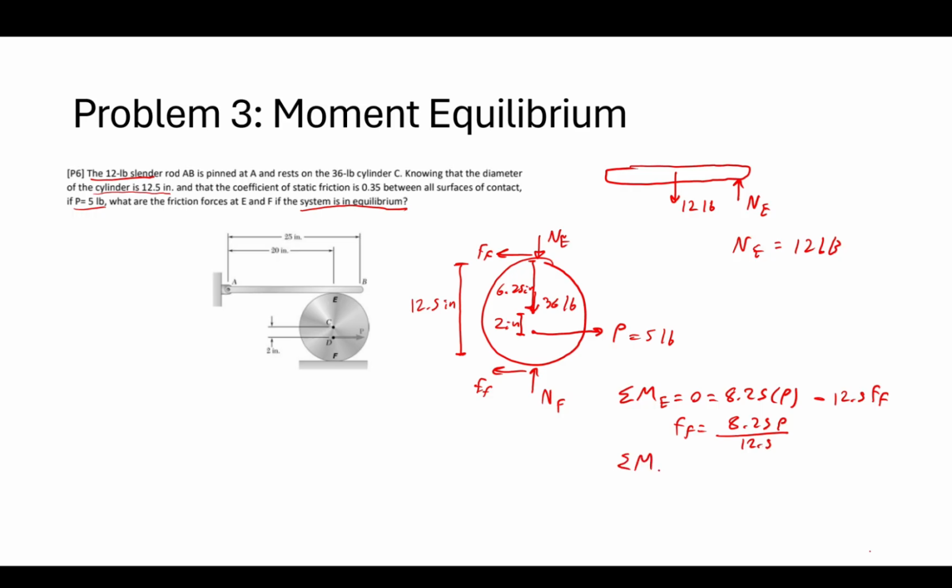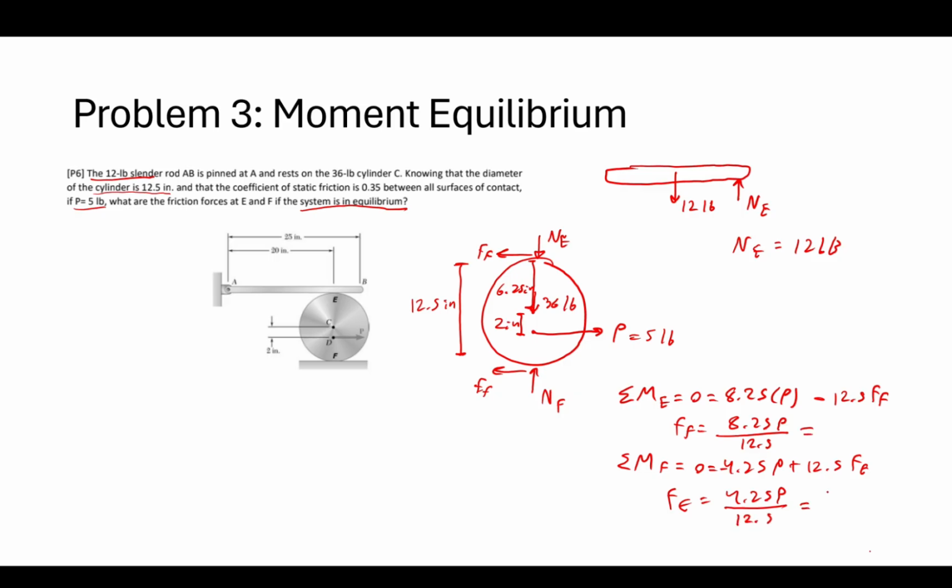Now we'll do the same exact thing here, but at point F, this would be 6.25 minus 2, which would be 4.25 for P, and P is acting in the negative direction here. Because we're going about point F, this will be clockwise, plus the entire diameter 12.5 times FE, and this is going counterclockwise. Solving for FE, we get 4.25P over 12.5.